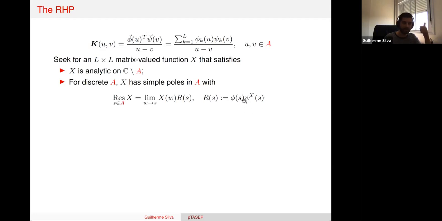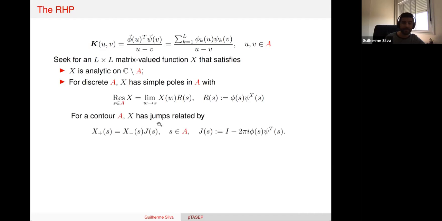And you also evaluate that at the same variable, let's say S. Here they're evaluated at different variables, but here they're evaluated at the same variable S. You compute this residue and impose that you try to find a function X with simple poles there with this specific structure. Again, don't care too much about the structure, but essentially it's saying that the residues of certain columns of X are related with the behavior of other columns of X in a certain way, described by this matrix R.